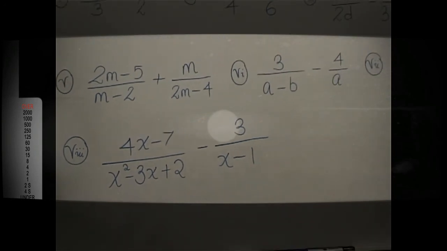Look at the denominators. If they are numbers, check, are they prime? If they are prime, then the product of the prime numbers will give you the lowest common denominators. If they are not, express the denominators first and foremost as the products of their prime factors. When it comes to denominators that are algebraic expressions, check if they are factorizable.